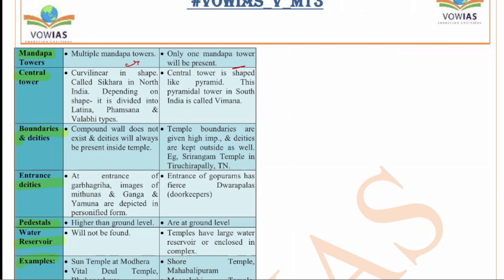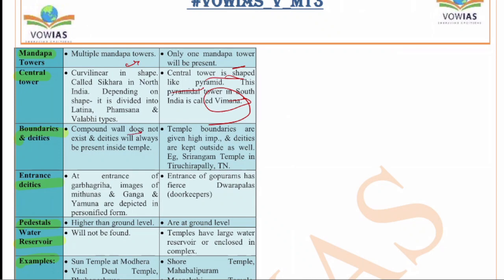The Nagara is curvilinear in shape, so there is a curvilinear Shikhara, and depending on the shape, it is divided into Latina, Phamsana, and Vallabhi types. But in Dravida, the central tower is shaped like a pyramid. This pyramidal tower in South India is called Vimana. But in Nagara, there is this curved shape.